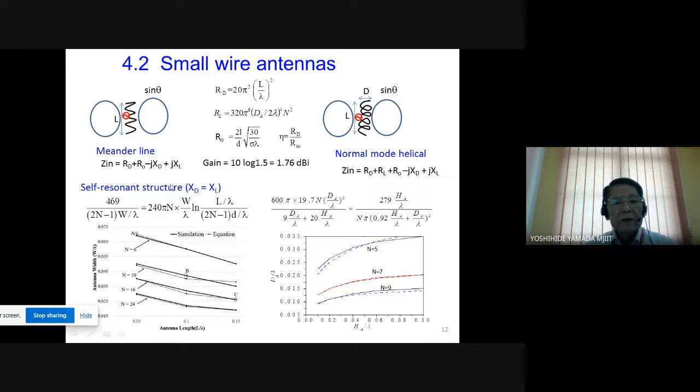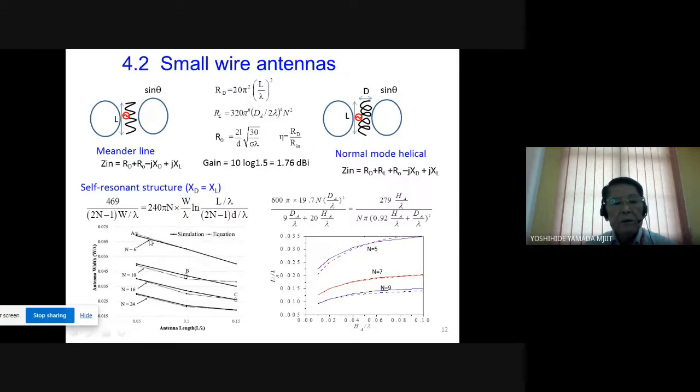So by this equation, we can find out the resonant structure. This horizontal axis is L divided by lambda, and the vertical axis is W, width divided by lambda.